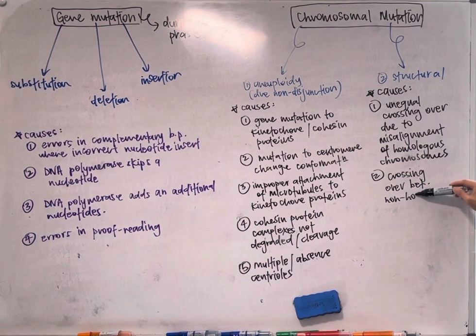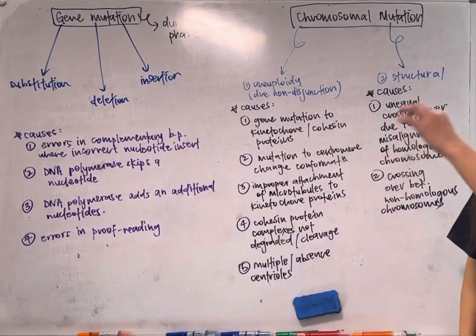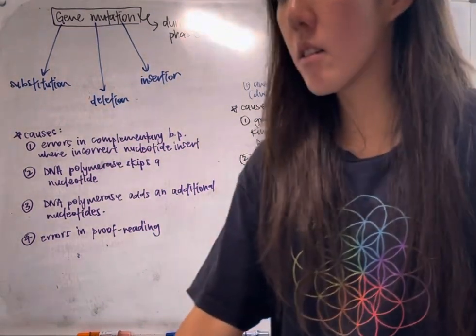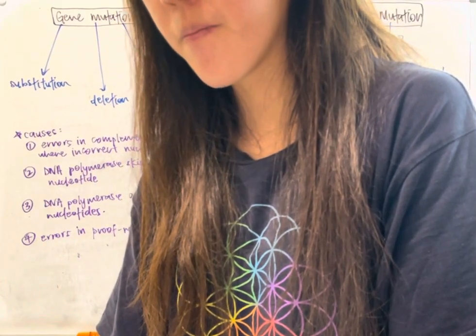By right, they shouldn't even undergo crossing over. But I'm just saying, you can actually think outside of the box. All these are the various ways, okay, for you to try to expand your ideas, to see what could cause all these different kinds of mutation.